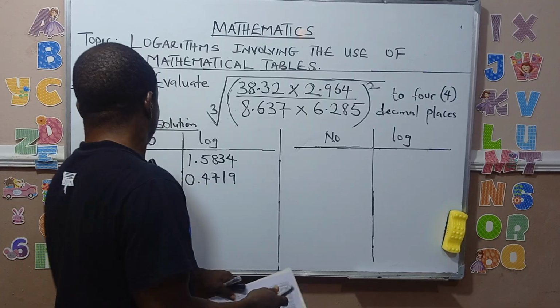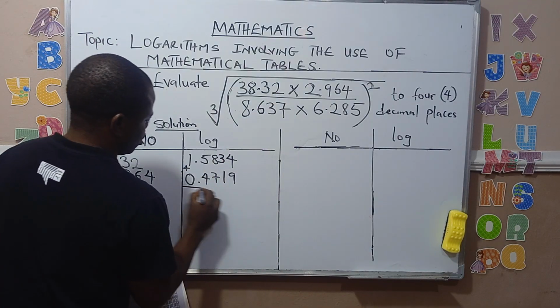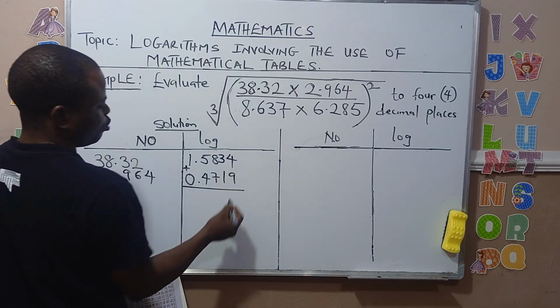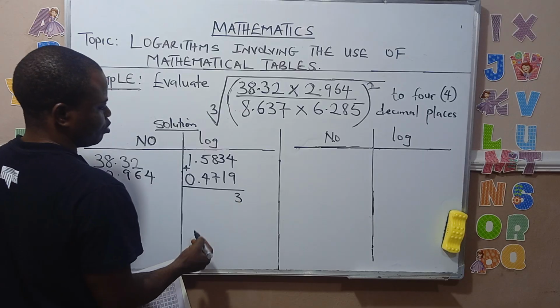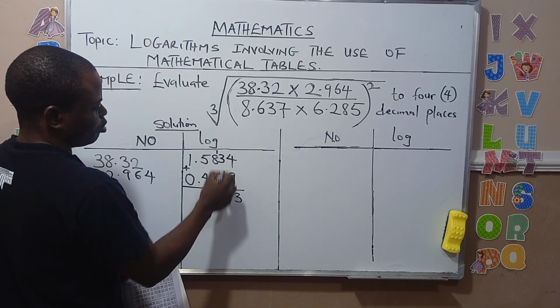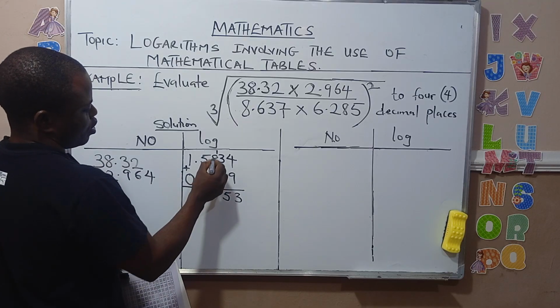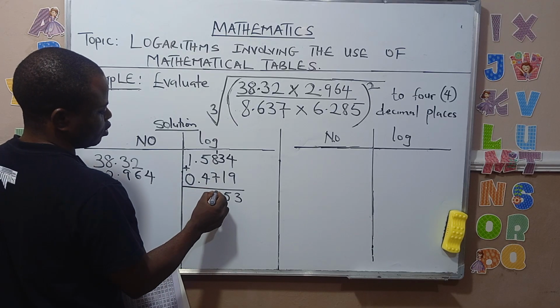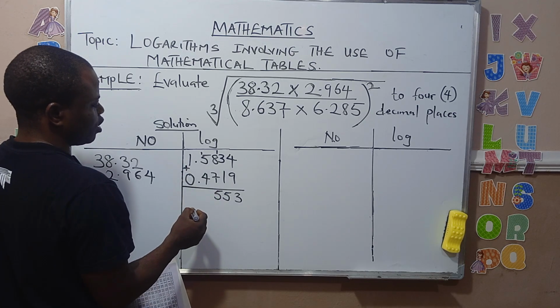Now let's do the addition because it's multiplication. Add the numbers together. 4 plus 9, that is 13. Put 3 down, carry 1. 3 plus 1, 4 plus 1, 5. 8 plus 7, that's 15. Put 5 down, carry 1. 5 plus 4, that is 9.